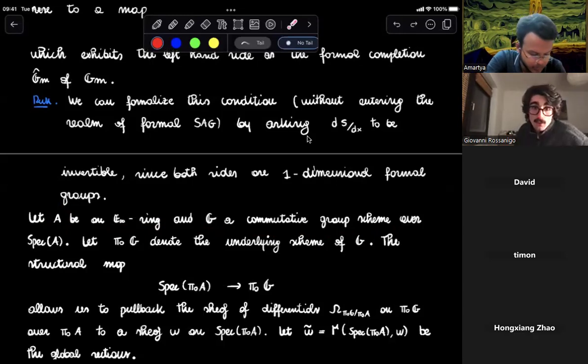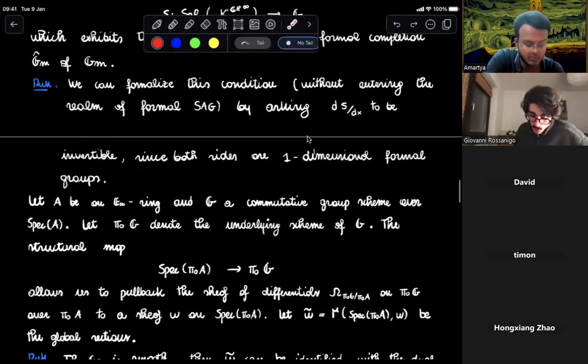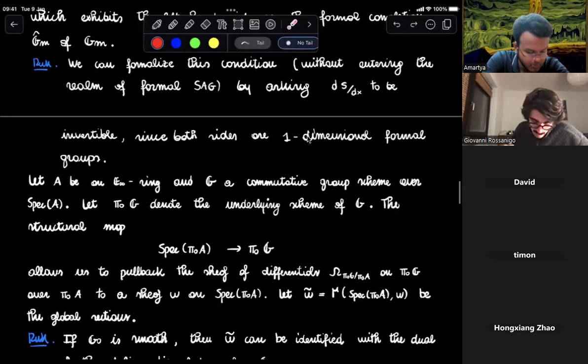So taking the pi naught, we produce a map of ordinary schemes from the affine spectrum over pi naught A to the scheme pi naught G. We can then take the sheaf of differentials on pi naught G and use this map to pull it back to spec pi naught A. And let's say that this pullback sheaf is called omega.